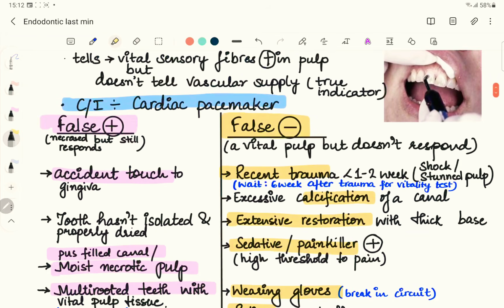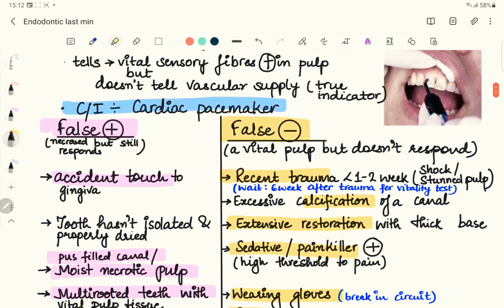Also, a nervous patient, because of fear, can say they are feeling pain even though the pulp is non-vital. So there can be a false positive response wherein the tooth is actually non-vital but the patient is still responding. That's why we call it positive, but the reading is false because the tooth is non-vital.